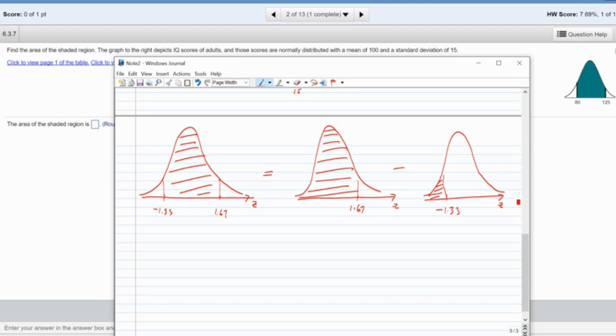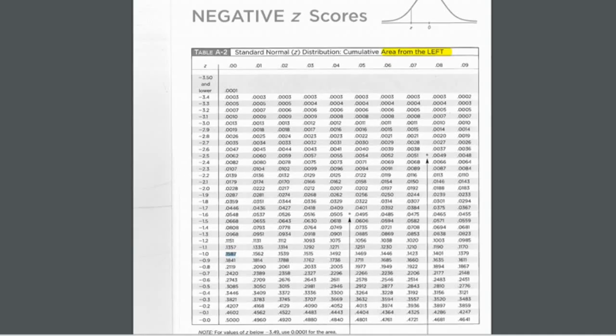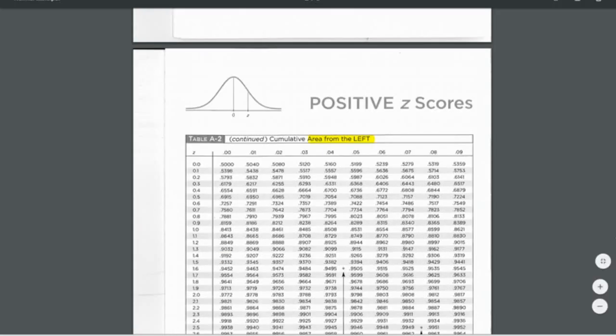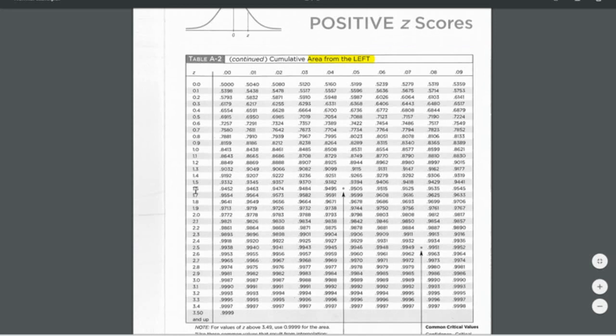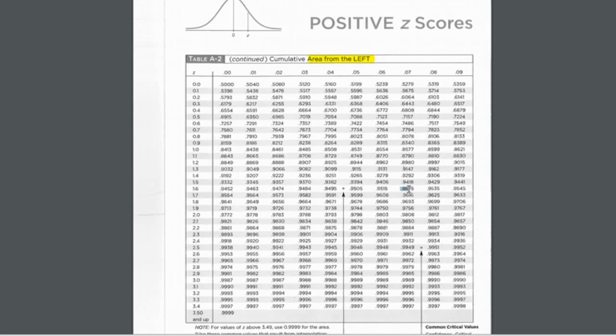Now we use this table. First we find the area to the left of 1.67. So 1.6 and the 7. For 1.6 we have to use the next table. Where's 1.6? Okay, 1.6 and the 7 is up here. 1.67, that's the one. Yeah, this one.